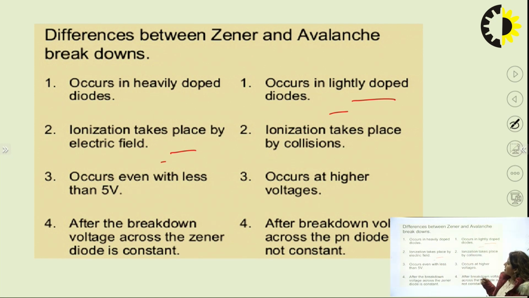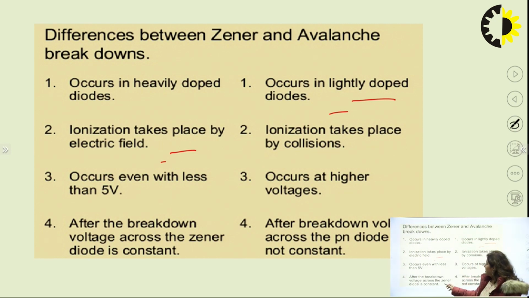Ionization means the number of electron hole pairs created through any process of ionization. So here ionization takes place due to electric field, and it occurs even with less than 5 volt. Even if you apply 5 volt to the Zener diode, there will be ionization taking place, and there will be formation of new electron hole pairs.